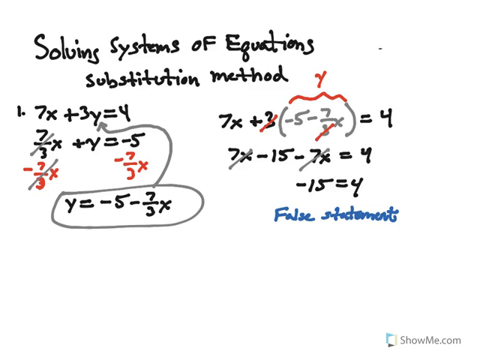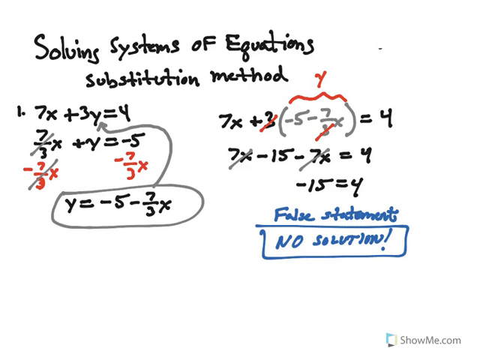So the answer is no solution. Those two quantities are not equal. Negative 15 does not equal 4, and that's all. There's no solution to that one. So let's try another example.